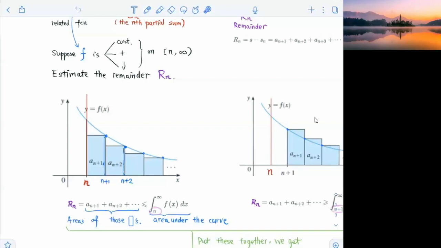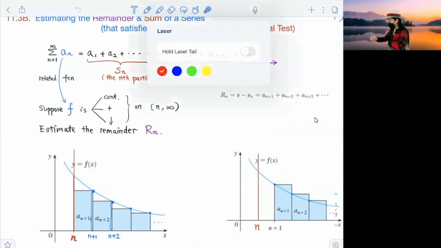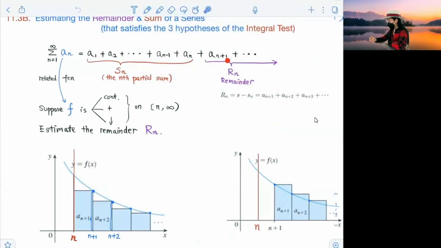So put together, if you sum up all those rectangles, does it look like this is Rn? Yes, remember the definition of Rn: it's a of n plus 1 plus a of n plus 2, and so on. Continue on with more terms.